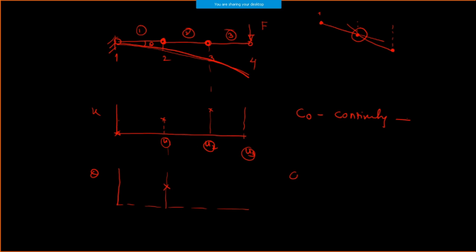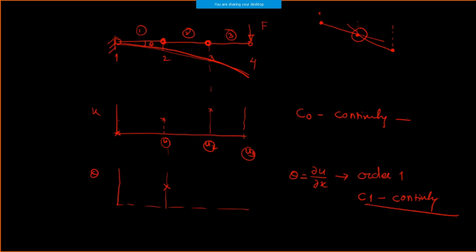matched, and theta is nothing but my strain, that is du by dx, whose order is 1, and that's what is called a C1 type of continuity. Why is it called a C1 type?